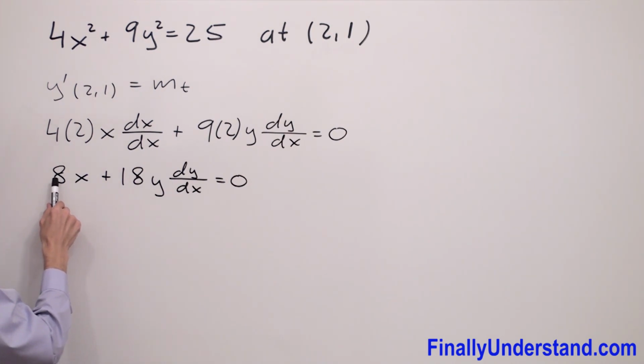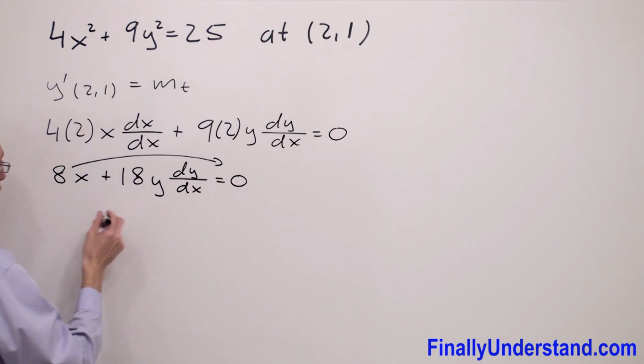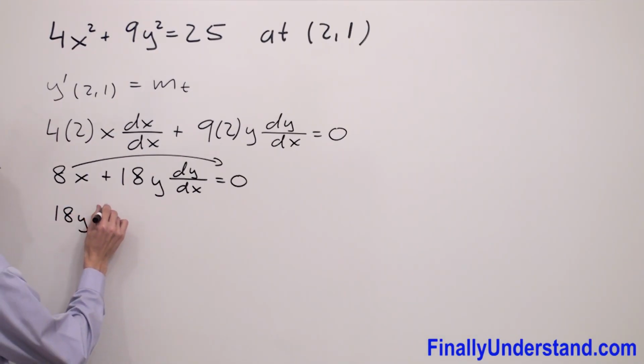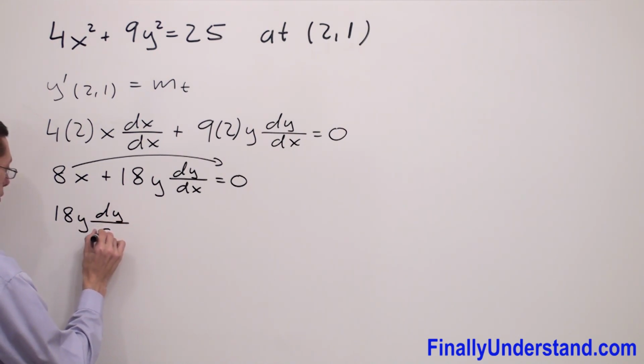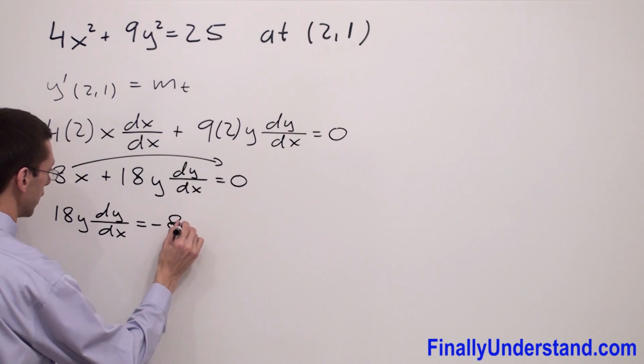Okay, next I have to move my 8x to the right side because I'm looking for dy over dx. So I have 18y dy over dx is equal to negative 8x.